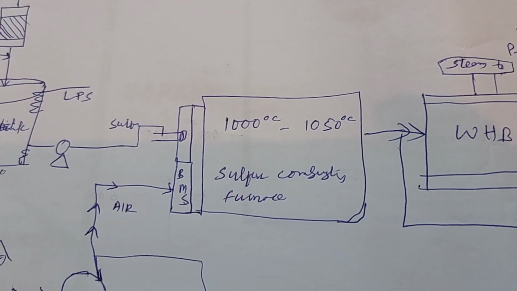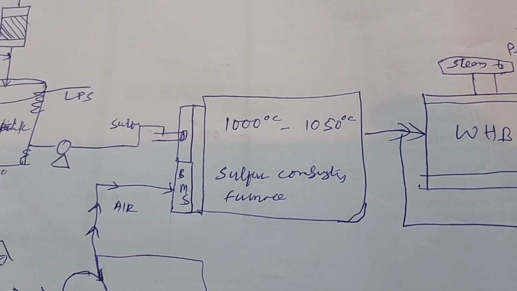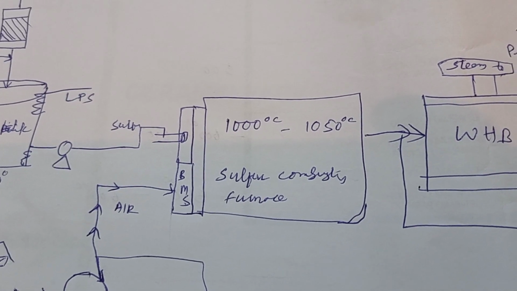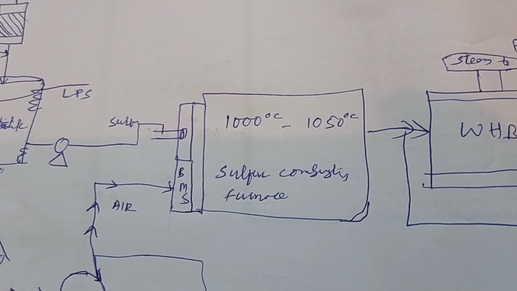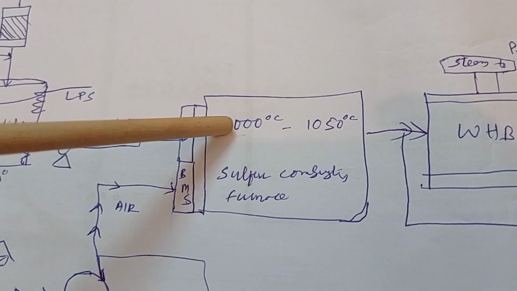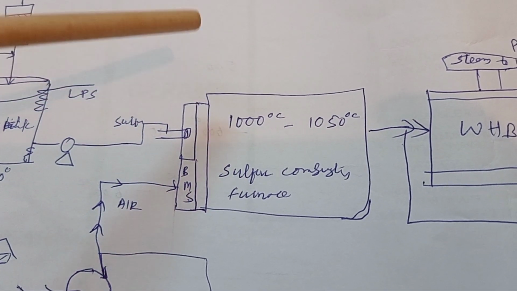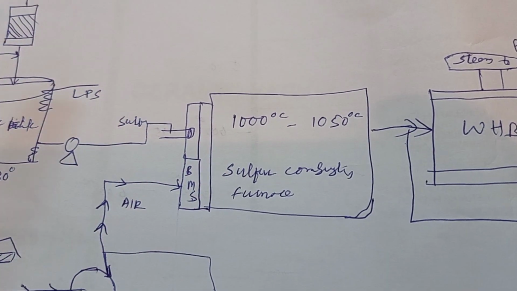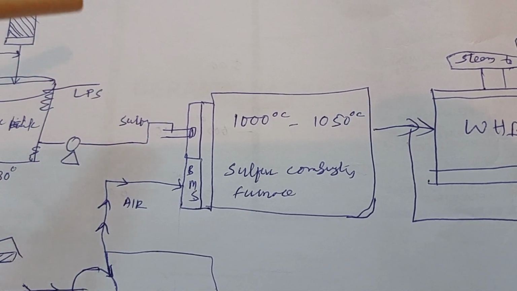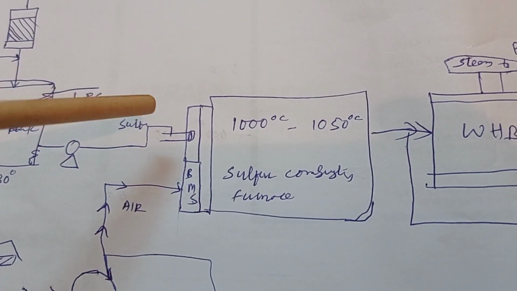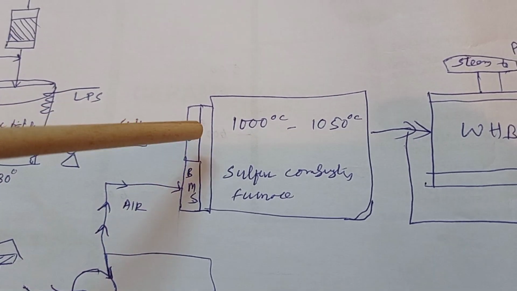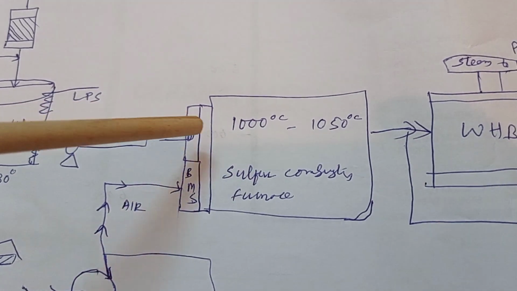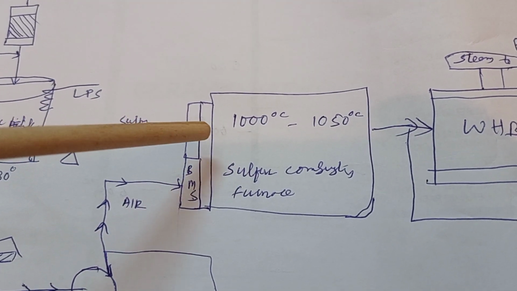And if your plant is very small, or is not a petrochemical plant, and you don't have fuel gas, then another good option is diesel firing. You can bring diesel by tanker to the tank, arrange one pump, and with the help of that pump you can spray diesel using a spray burner.